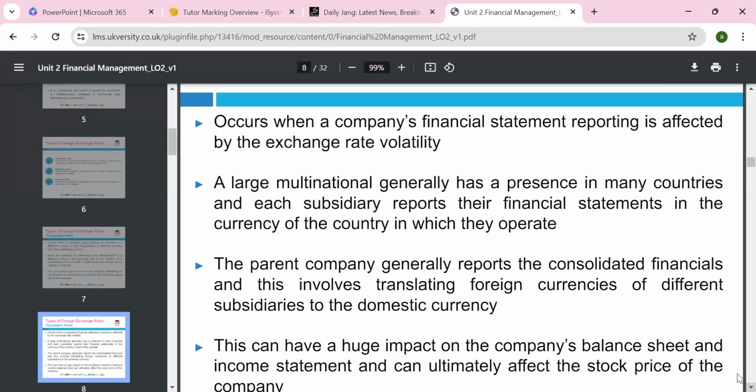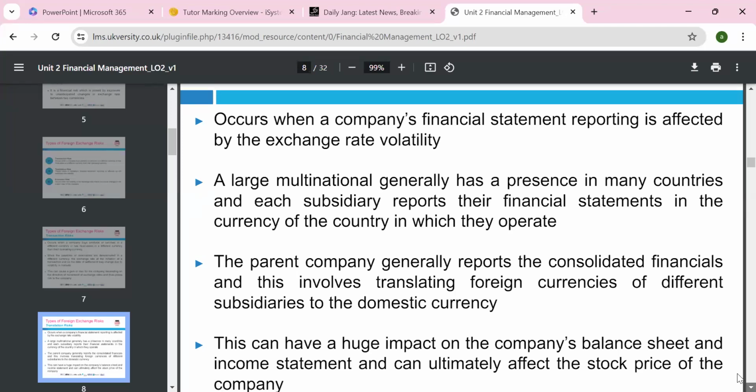When we produce the consolidated statement, parent company and subsidiary, if you own 51% of the shares, or more than 50%, we call that your subsidiary company. And if you own less, 20 to 49%, we call it an associate company. We have control of their board management in the rules, which is where the foreign currency of different subsidiaries and the domestic currency come in.